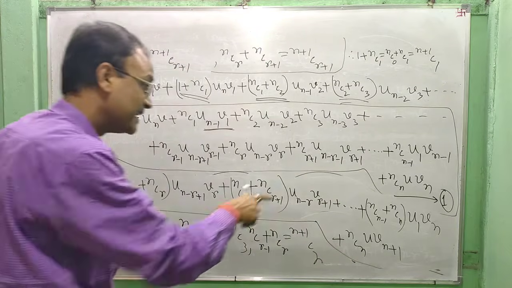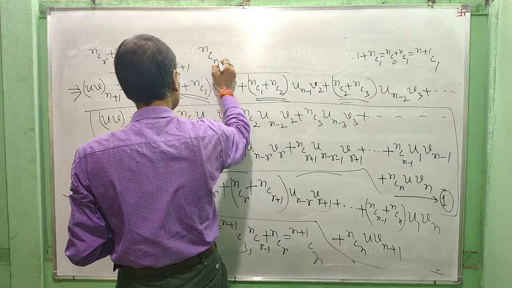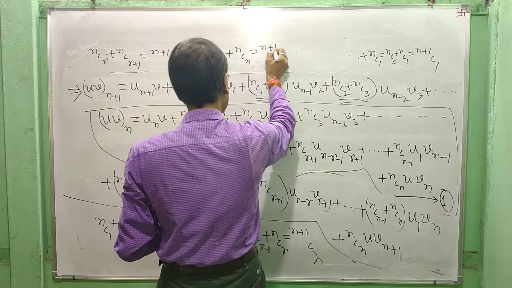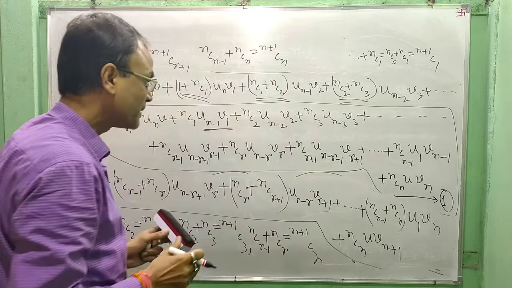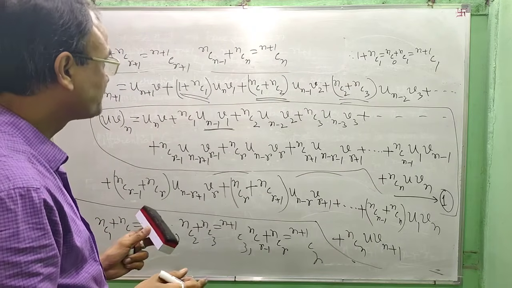And finally NC(N minus 1) plus NCN is equal to N plus 1 CN.